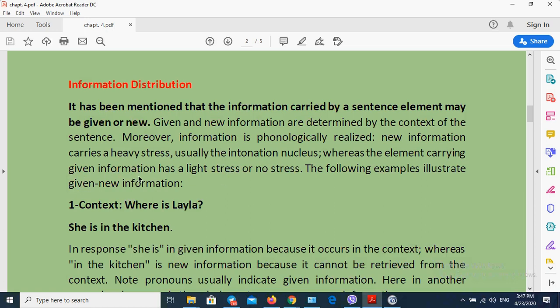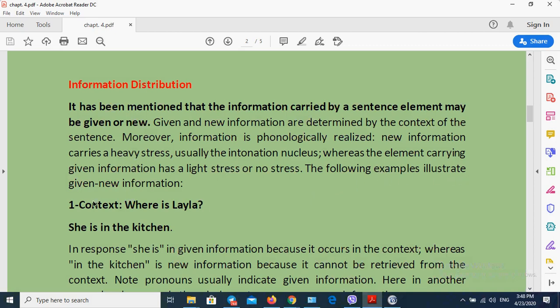The difference between the two: one can be retrieved and the other cannot be retrieved. This is the second difference between given and new information.